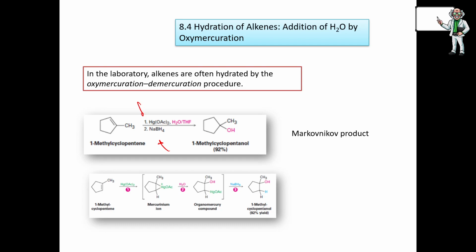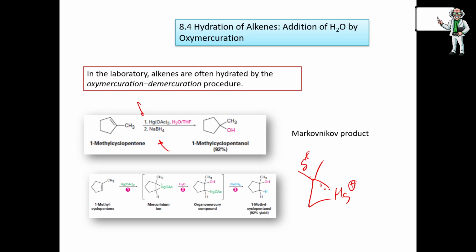Why? Because the bond that we are forming with the mercury is very weak. That means the carbon that stabilizes better a partial positive charge will be the most accessible, because if it stabilizes better the positive charge, this bond will be longer and weaker.